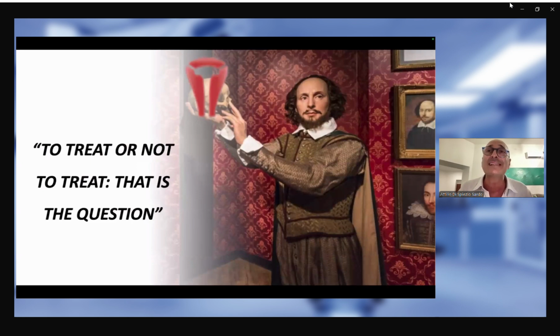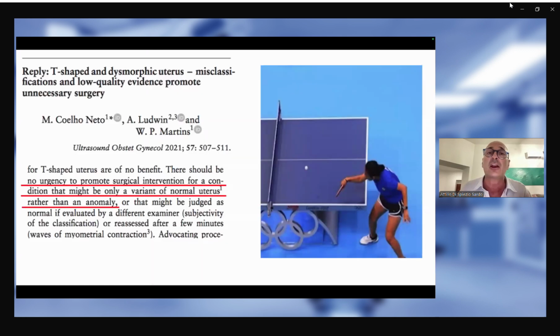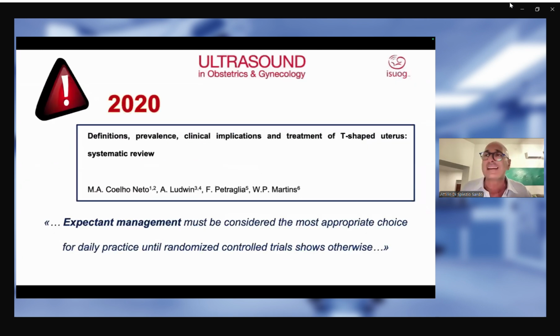But even for this kind of anomalies, despite everyone seeing that if we treat this uterus the reproductive outcomes are going to improve, we know that there are many other groups that say that probably this uterus is just a variant of a normal uterus, and there is no urgency to promote surgical intervention of these uteri.